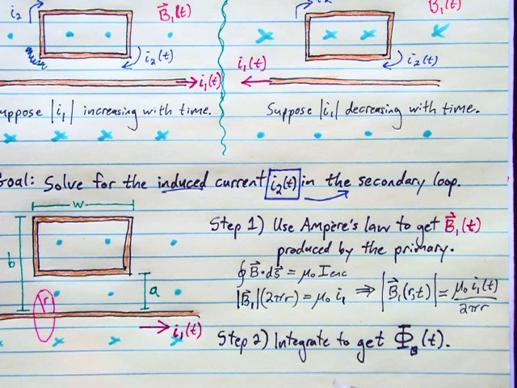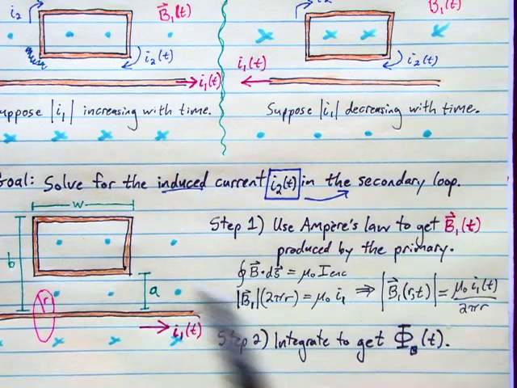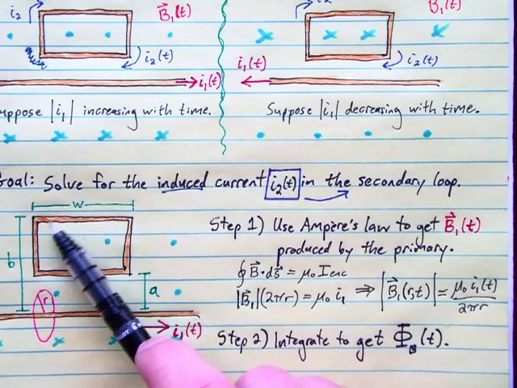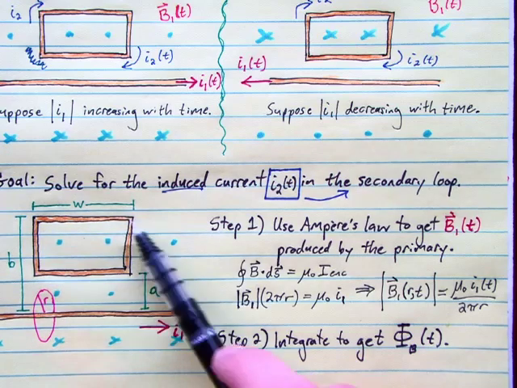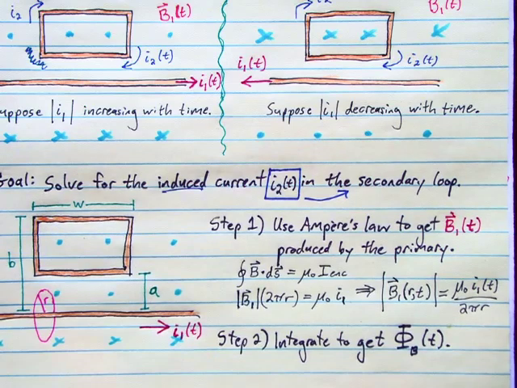Step 2 now, we need to integrate to get the total magnetic flux through our secondary here. The magnetic flux through this rectangular surface bounded by our perimeter wire here.